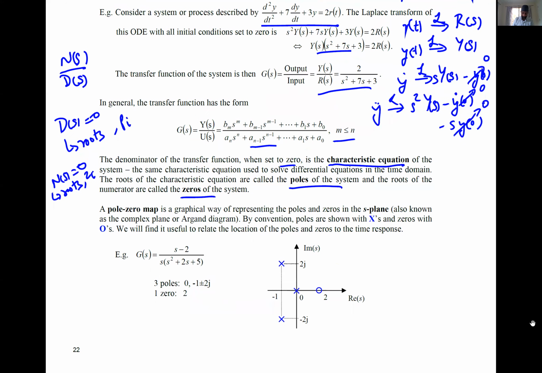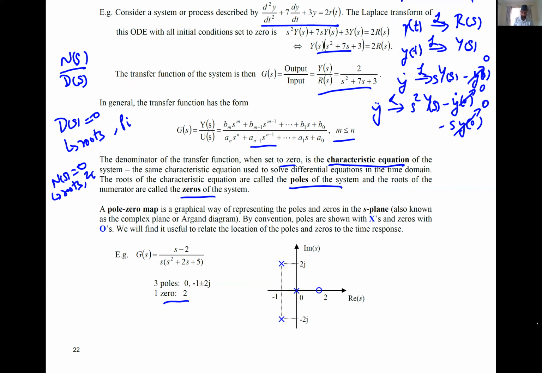As an example, this transfer function is (s minus 2) over s times (s squared plus 2s plus 5). The highest power of s in the numerator is 1, so it has 1 zero, which is located at 2. The highest power of s in the denominator is 3.